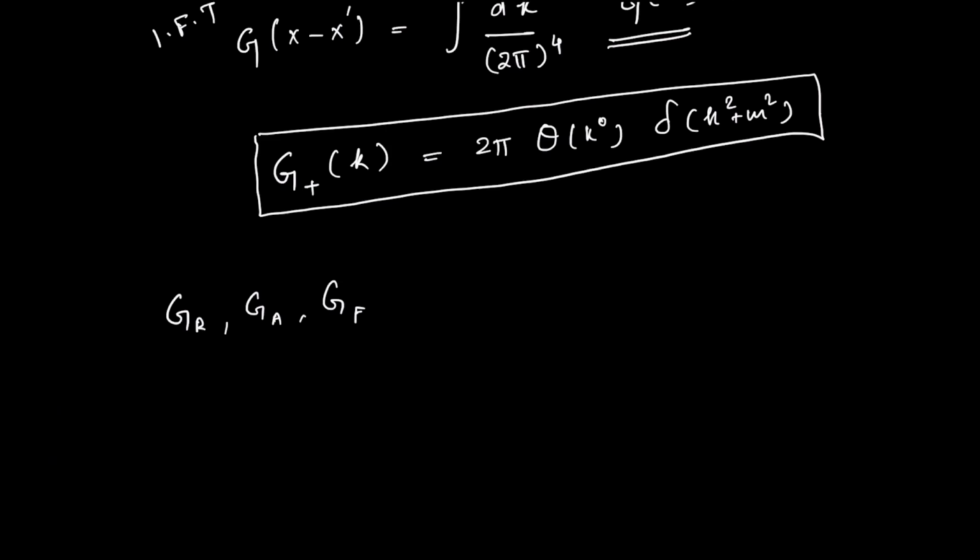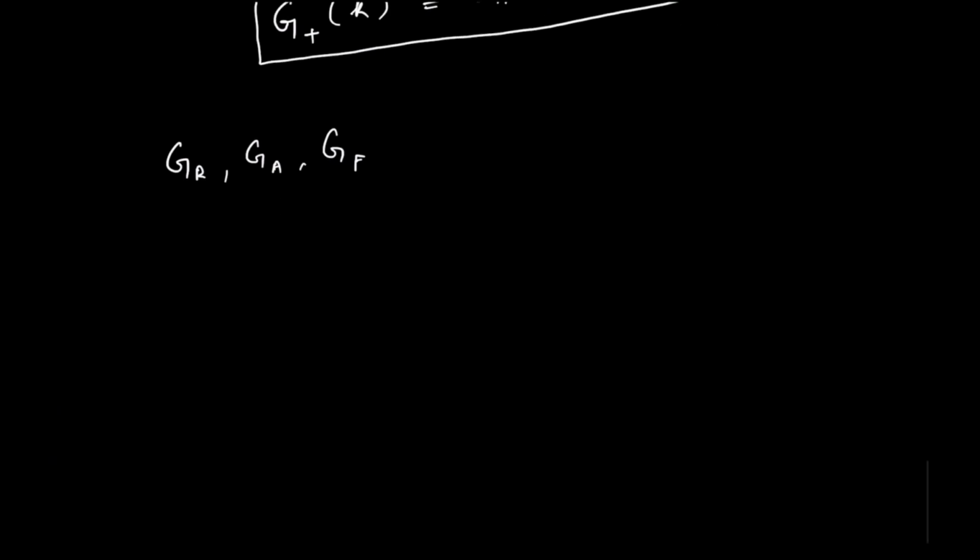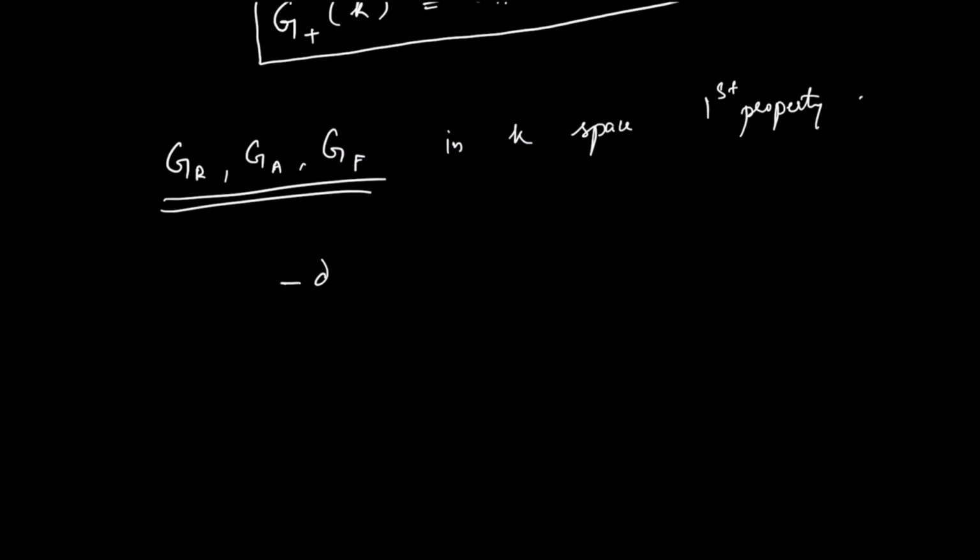In the first property we said it's much easier to start deriving gr, ga and gf in k space from the first property. What was the first property?